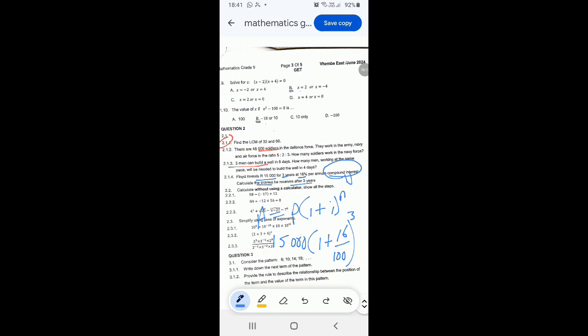Okay, let me see. So the amount that we have as a return is 23,413.44 cents. We are not done. So we take this 23,413.44, we minus it by 15,000.